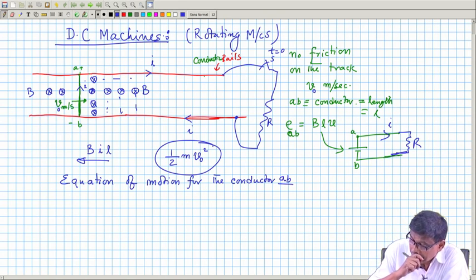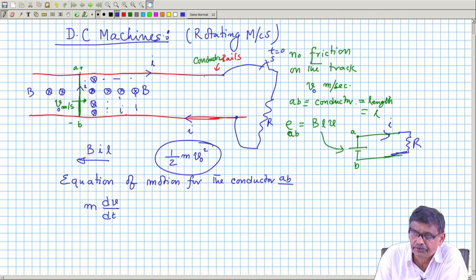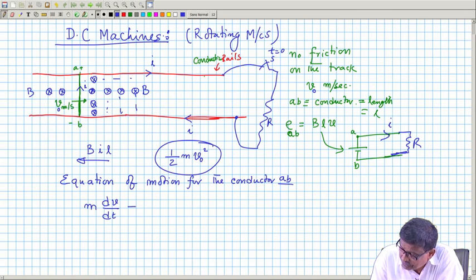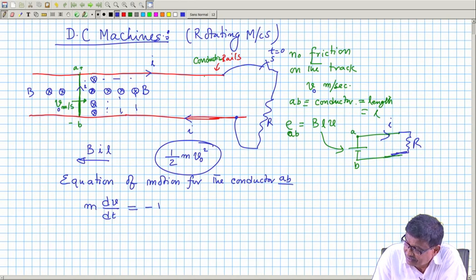What will be the equation of motion? Suppose m is the mass. So, m dv dt, its velocity is always from left to right, must be equal to the force acting from left to right. What is the force acting from left to right when the switch has been closed? It is minus BIL.